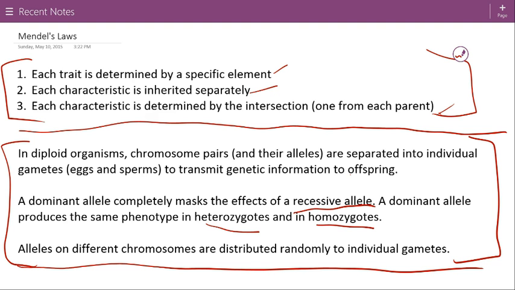This kind of goes with number 1, each trait is determined by a specific element. These alleles in your body are talking about specific things.